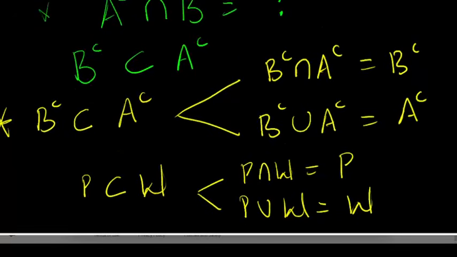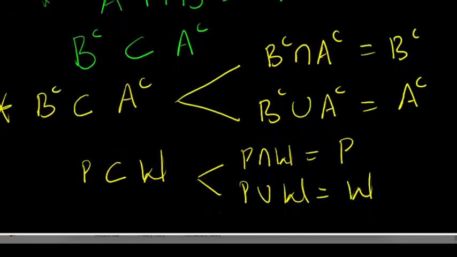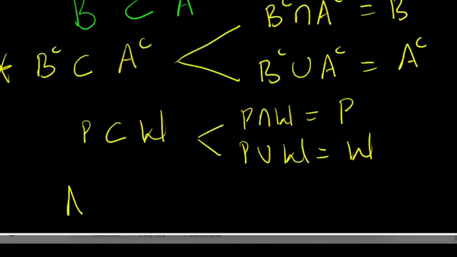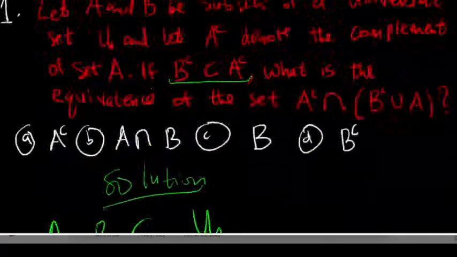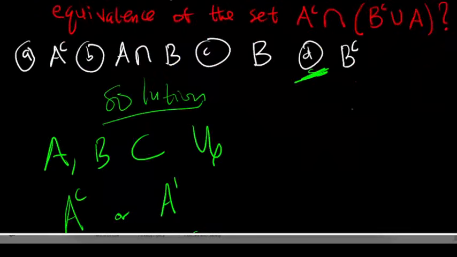So we are asked to find A complement intersection B complement. So finally, our answer is ready. We have cooked our answer. So that means we are having B complement, and the option is D.